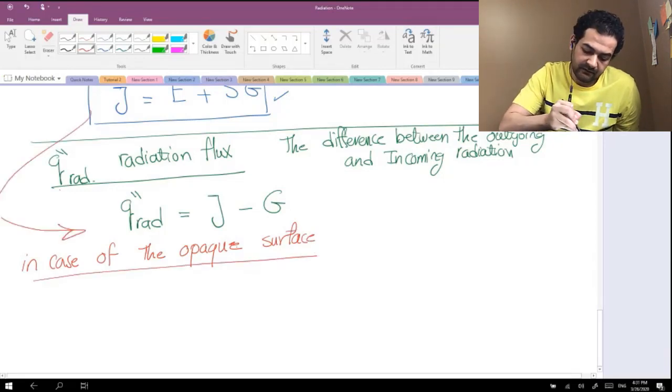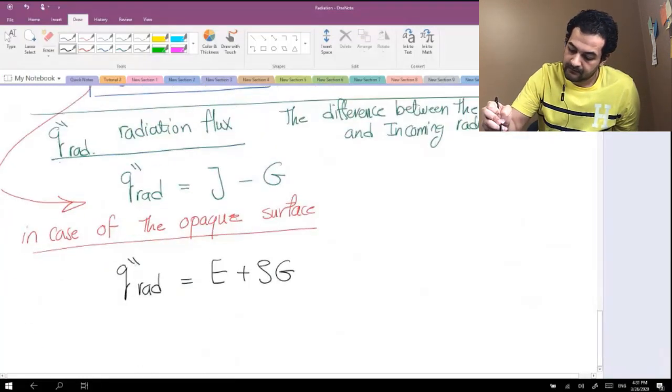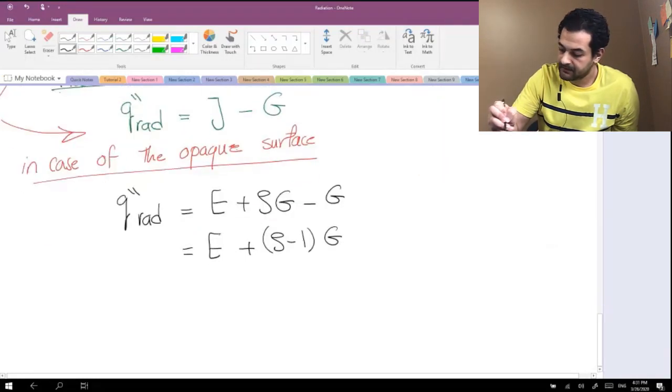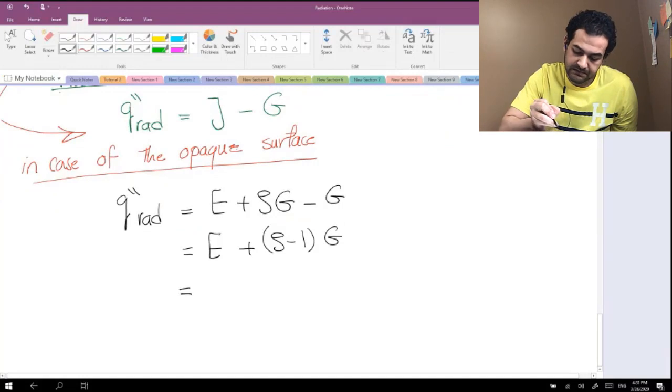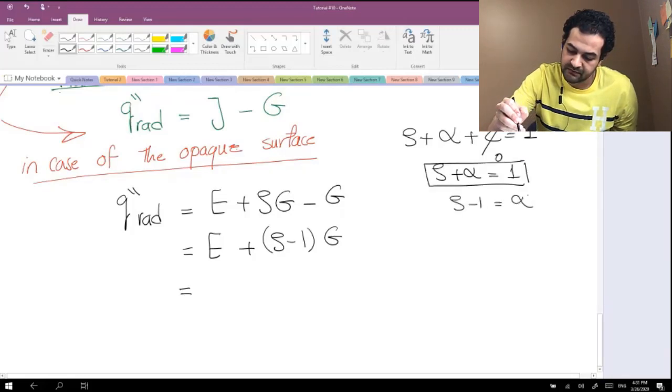let's substitute this here. So q double dash radiation is going to be E plus rho G minus G. So this is going to be E plus (rho minus 1) multiplied by G. As I told you, for an opaque surface, rho plus alpha plus tau is equal to 1 and tau is 0, so rho plus alpha is equal to 1, and rho minus 1 is going to be minus alpha.